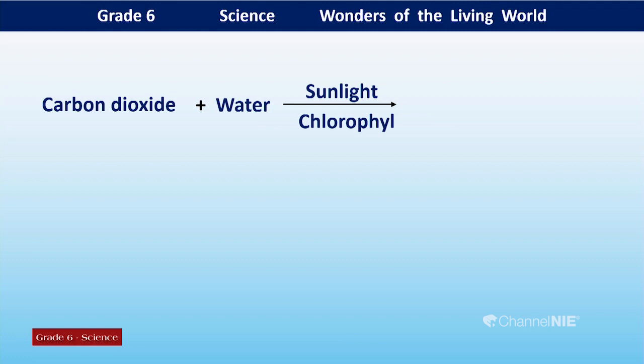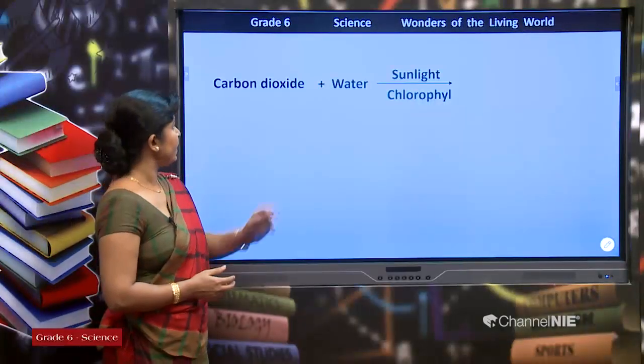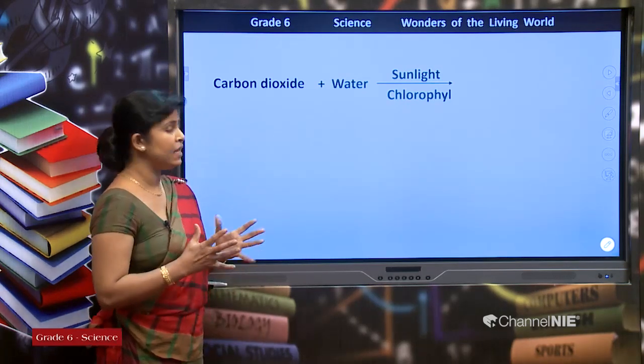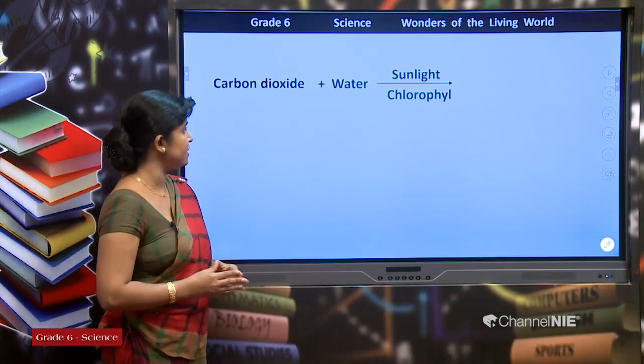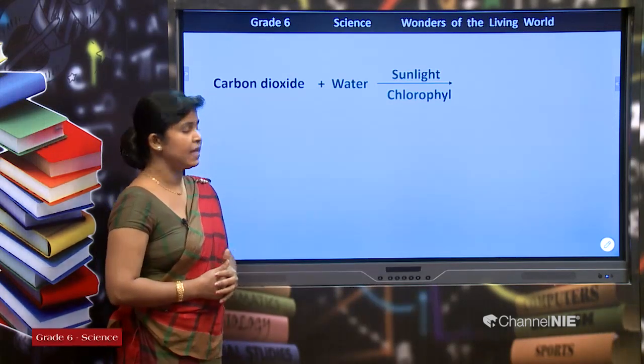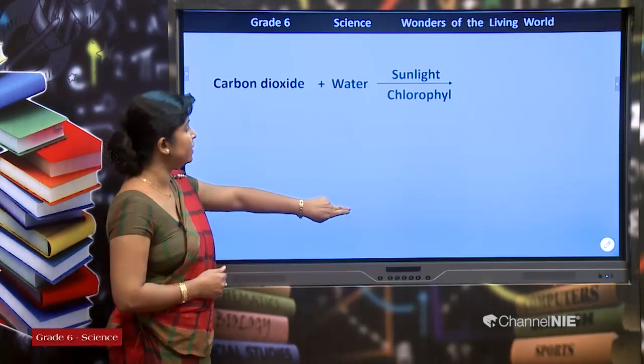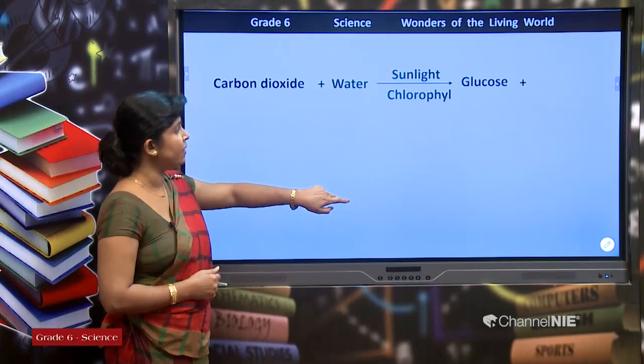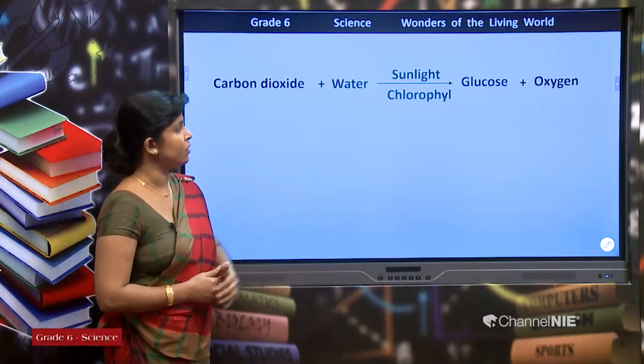Chlorophyll means a special color pigment which is available in green plants. Carbon dioxide and water are raw materials of photosynthesis, and in the presence of sunlight and chlorophyll, the green plants can produce glucose and the byproduct is oxygen.